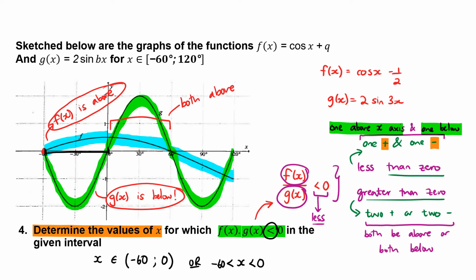I often say, look for the points where the graphs cut the x-axis and just compare what happens afterwards. In both cases, after the 0 over here, they are both either above or both below. We are not interested in both being above or both being below. We need one to be above and one to be below. And so the only answer here is what we've already written down.